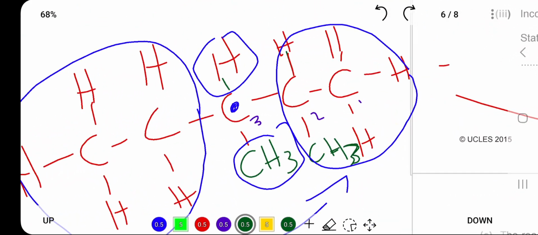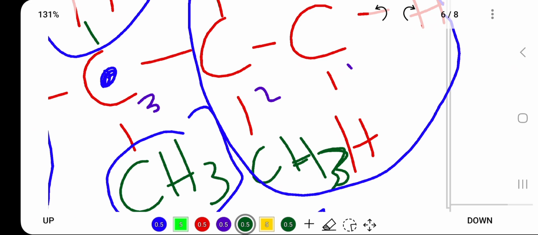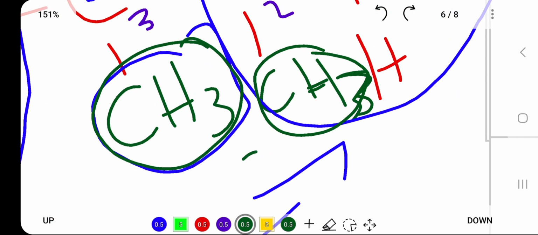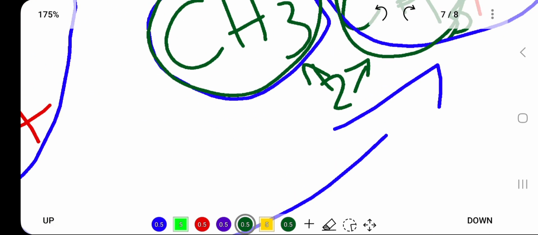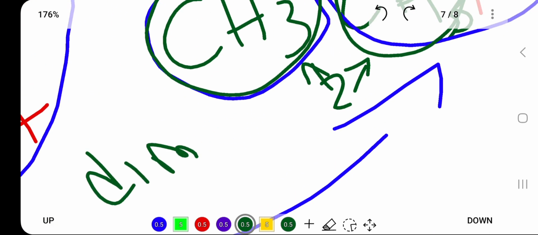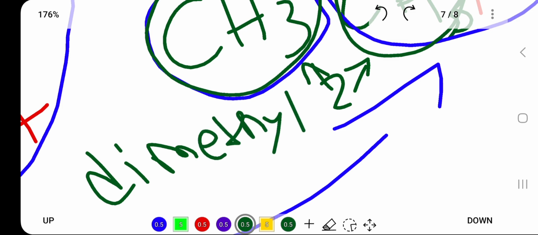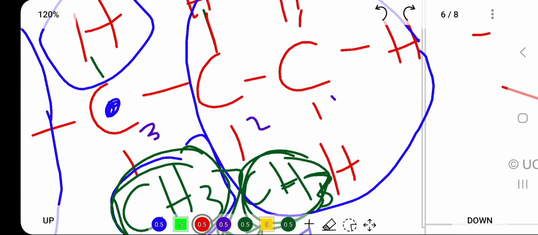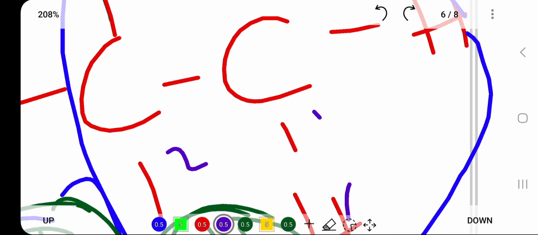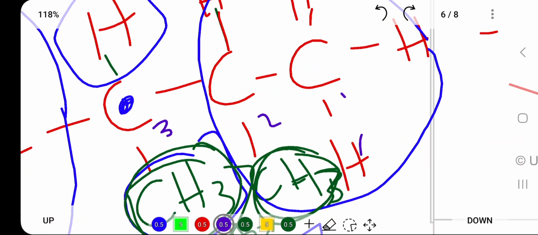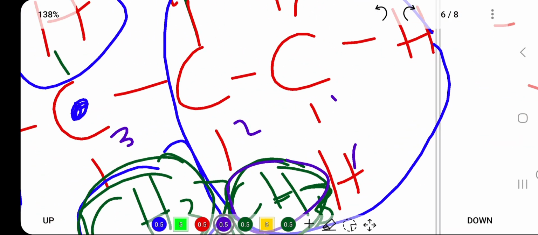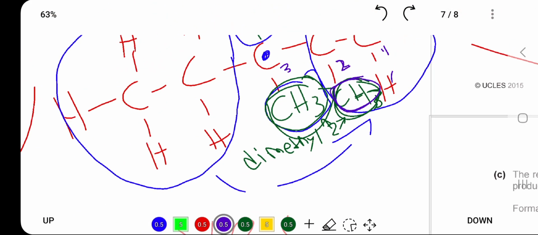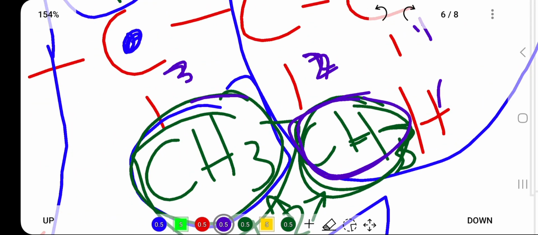Now the second one. Again, you count the methyls, CH3. In this case, you have 2 of them. So we're going to say there is dimethyl. Dimethyl means that there are 2 methyl groups, just like here. Again, use the closest carbon place. So let's talk about this one. You have 1, 2. So this one is in the second place, and that one is in the third place. 1, 2, 3.